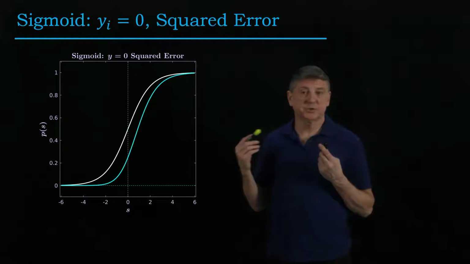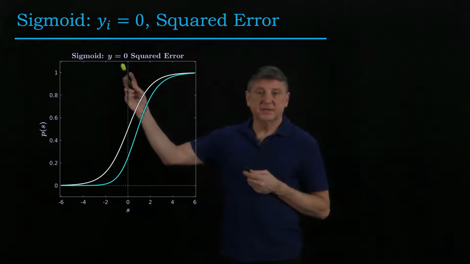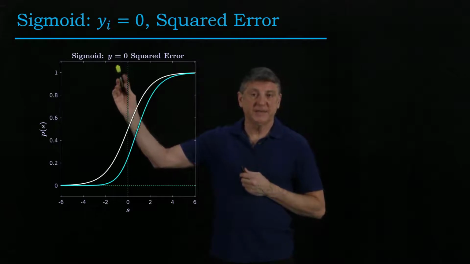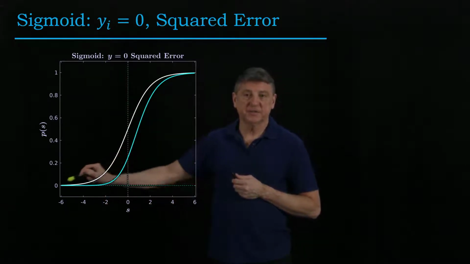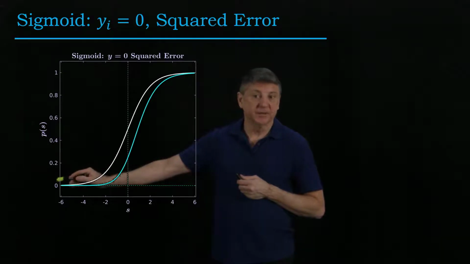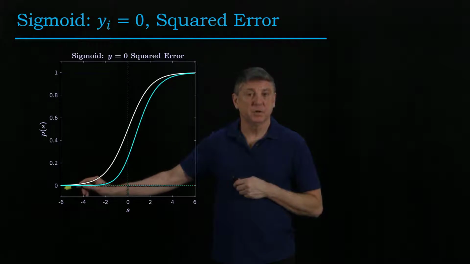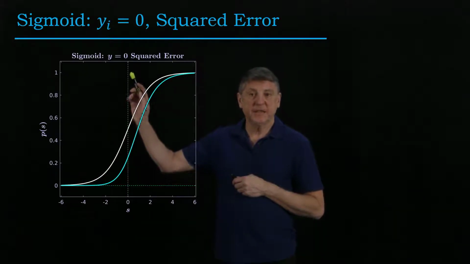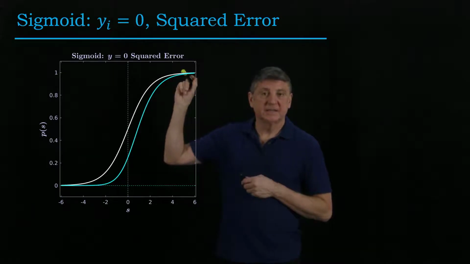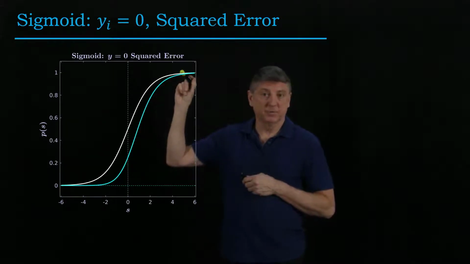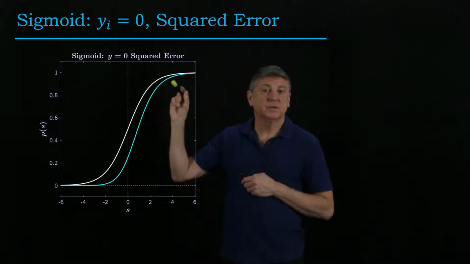Now, if we take the squared error, this is what we get: if the label for the data is 0 and our logistic function says that it's a nearly 0 value, then that means that the residual error is very small. And if the label is 0 and the logistic function says that it's very, very probable that it's on the positive side of the hyperplane, then our error would asymptotically go to 1.